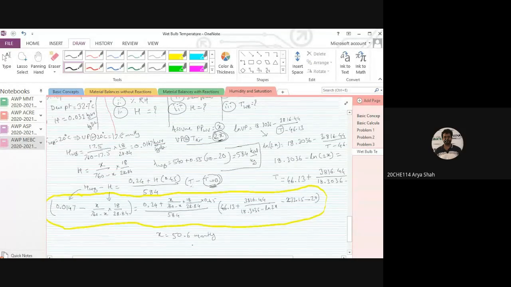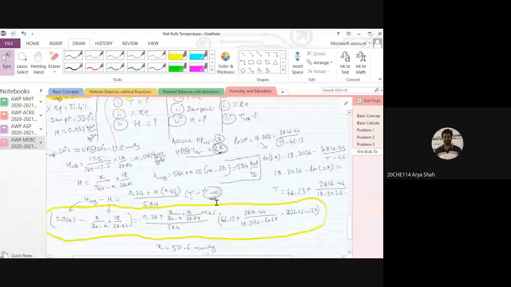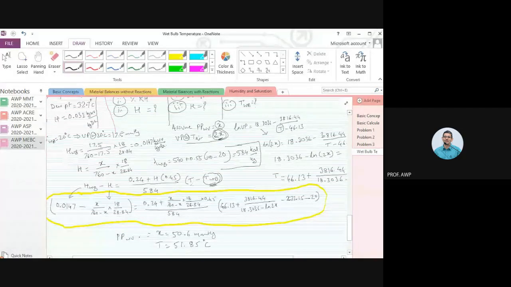So vapor pressure would be 101.32, and temperature was 51.85. Okay. So once you have temperature, once you have partial pressure of water vapor, you basically have everything, right?